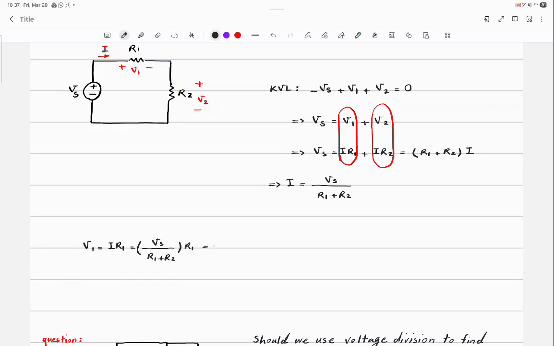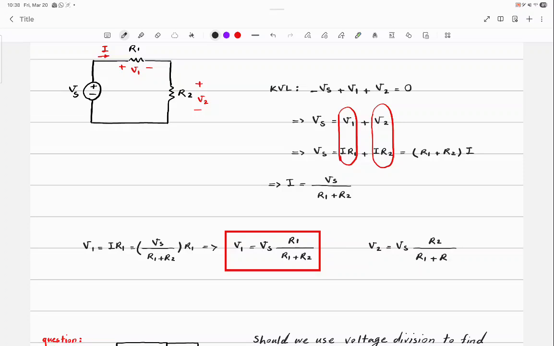I'm going to rearrange it and write V1 is equal to Vs times R1 divided by R1 plus R2. With the same logic, I can write V2 equal to Vs times R2 divided by R1 plus R2.